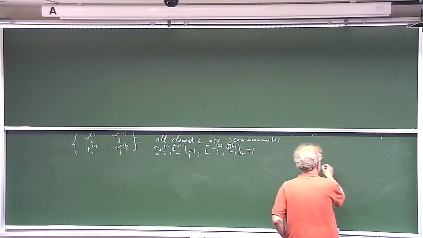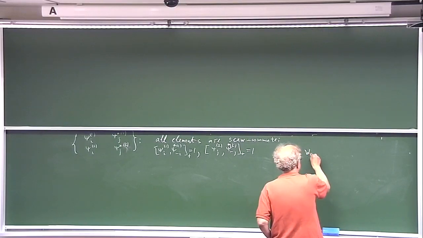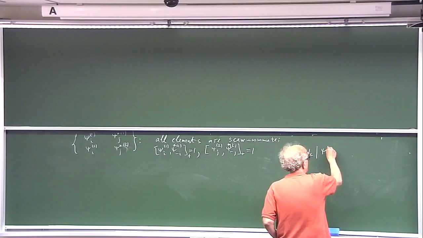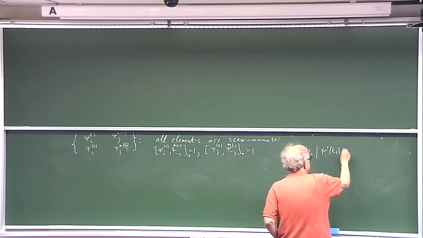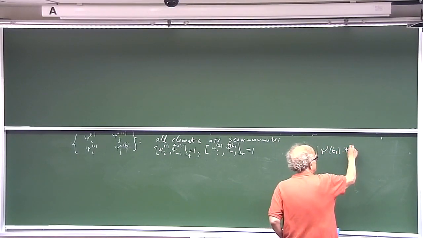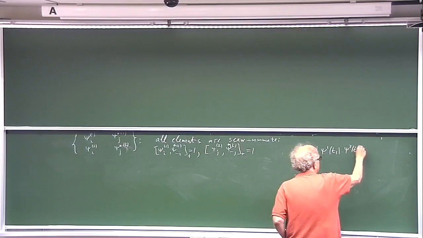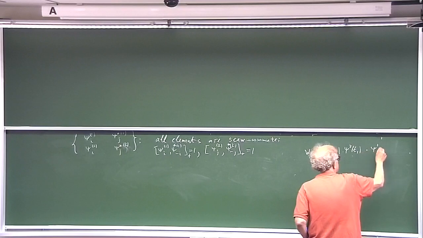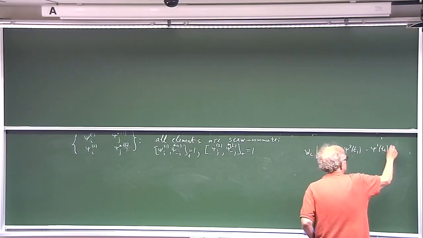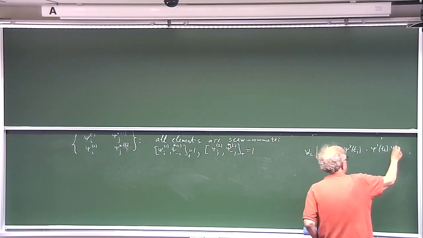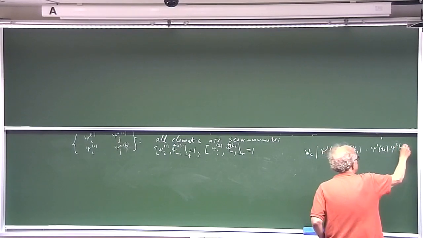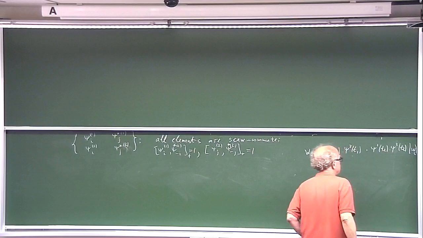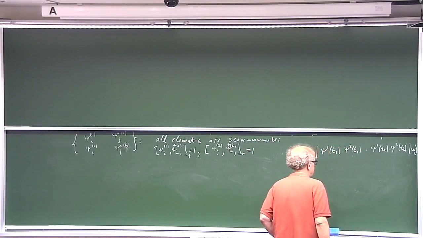So I take the element w c, and here I have psi1(t1) times psi2(t1), then I have psi1(t2), psi2(t2), and here we have another vector, so this is a real matrix element.